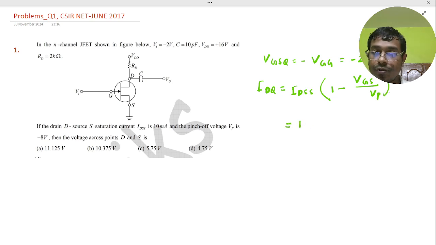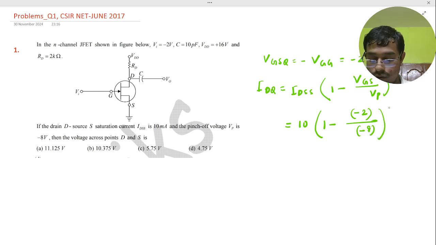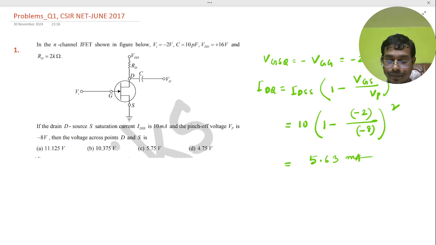So it becomes 10 times 1 minus minus 2 over minus 8, whole square, and after numeric calculation we get 5.63 milliampere. And here we should find the VDS, basically VDD minus ID RD.